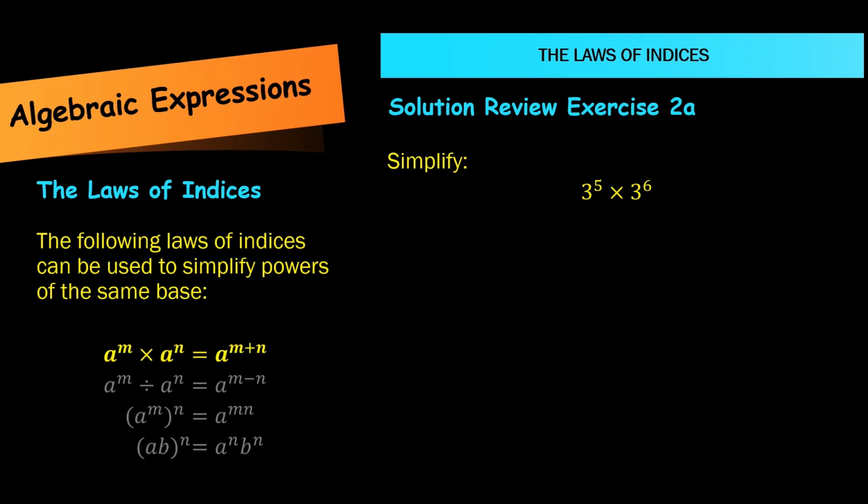Since we are multiplying two numbers with indices, we will be using the law highlighted on the screen. And of course, since we are using the same base, we must add the indices, as shown. So we have 3 to the power 5 times 3 to the power 6 equals 3 to the power 11.